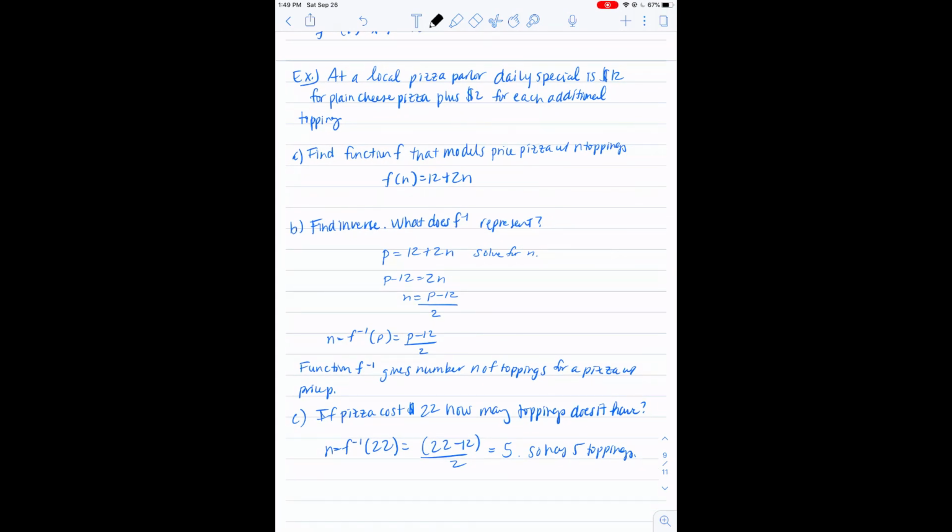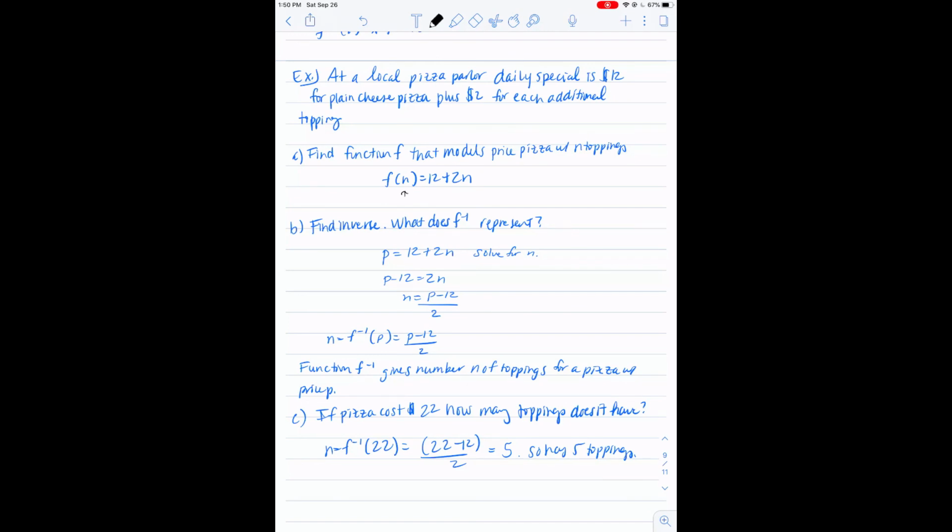Okay. Now we have this example. At a local pizza parlor, the daily special is $12 for a plain cheese pizza, plus $2 for each additional topping. So we want to find a function f that models the price of the pizza with n toppings. So we want to model what it's going to look like if we have n toppings.